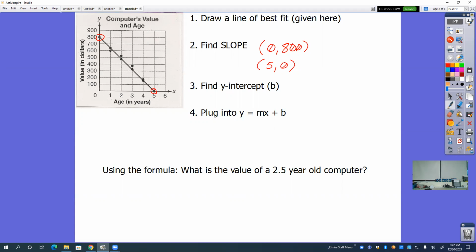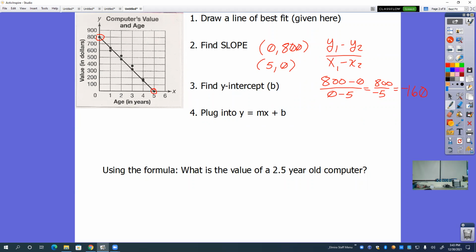Okay, so as you recall our slope formula, y1 minus y2 over x1 minus x2. So we would have 800 minus 0 divided by 0 minus 5, which would be 800 divided by negative 5, which would equal negative 160.